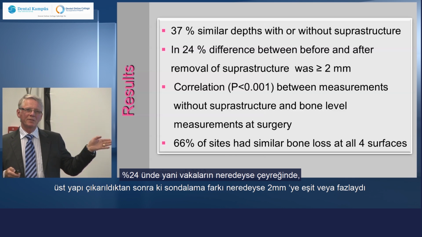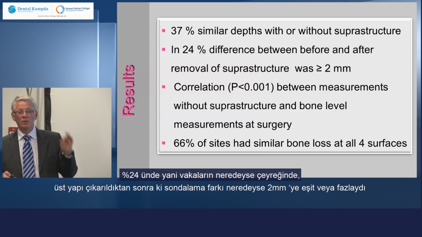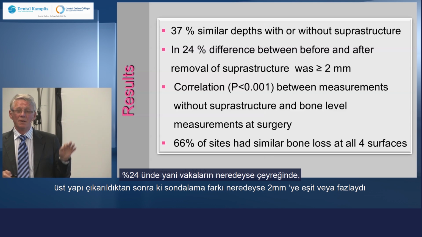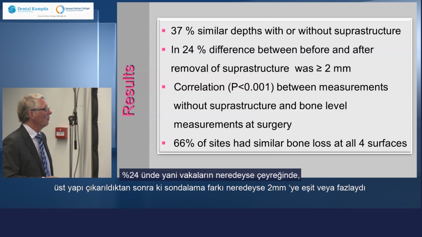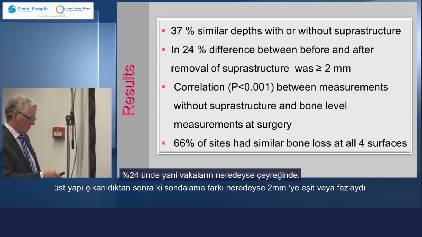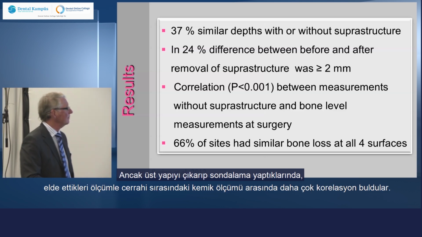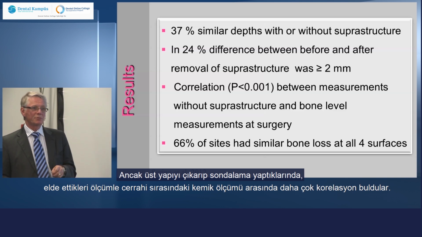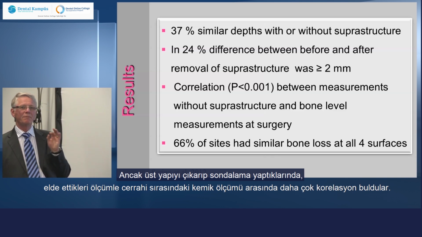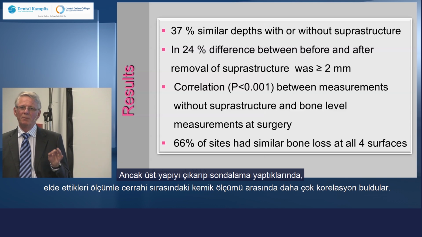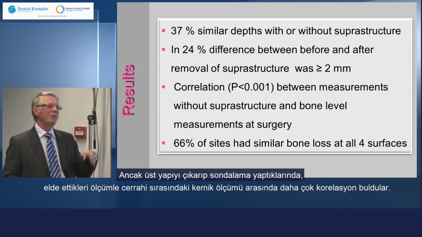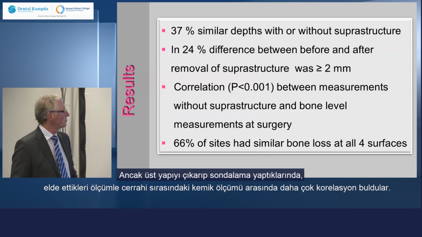In 24%, I mean almost 1/4 of the cases, the difference between those probings was more or equal to 2 millimeters. But when they removed the superstructure and they probed, they found a very high correlation between those probings and the probings done during the surgical procedure.